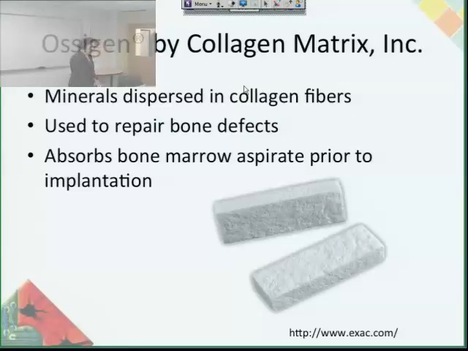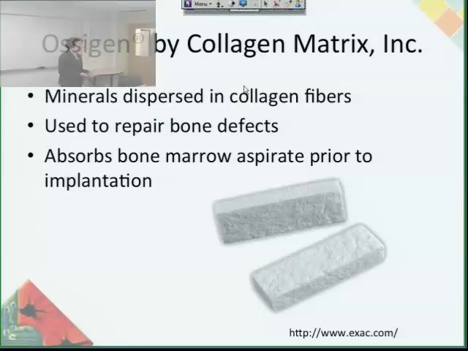Ossigen is another cross-linked collagen matrix. And that is actually minerals like hydroxyapatite dispersed in collagen fibers, and so it's biomimetic of bone. It doesn't have the same structure, which is why it doesn't have the same mechanical properties, but it is somewhat osteoinductive in that it might help to cause bone ingrowth in the defect.